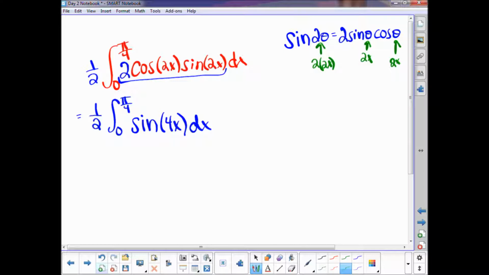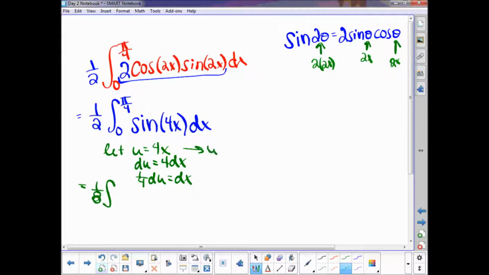I could do a small u sub where we let u go back to being just the 4x. du is 4 dx, so 1/4 du is dx. So then I would have 1/2, and I'm going to bring my 1/4 as well, so let's go 1/8. Change my bounds. u of pi over 4 gives us pi, and 0 gives us 0.